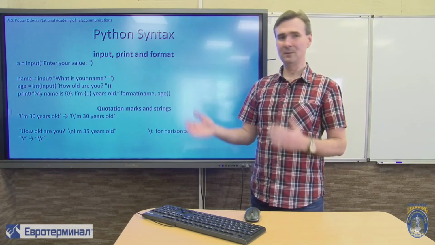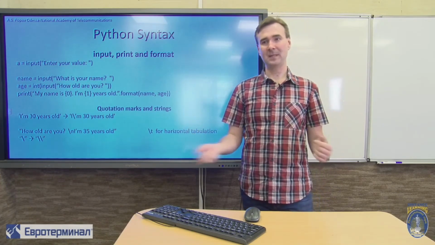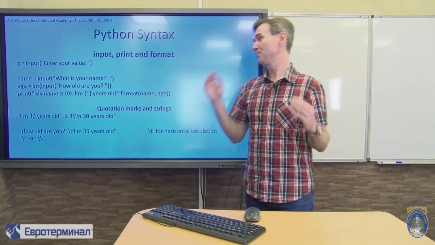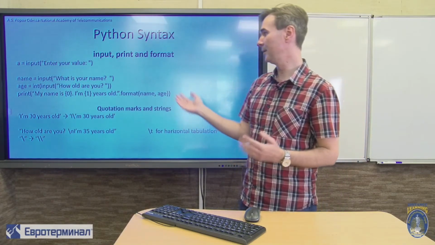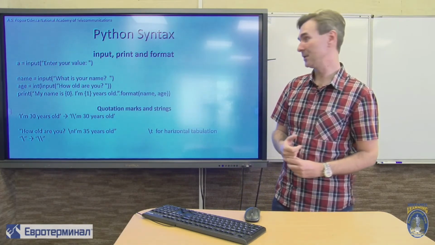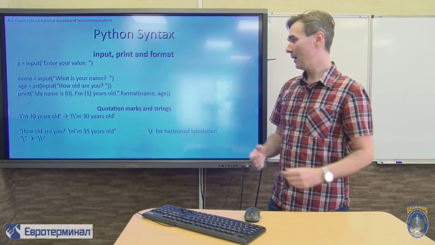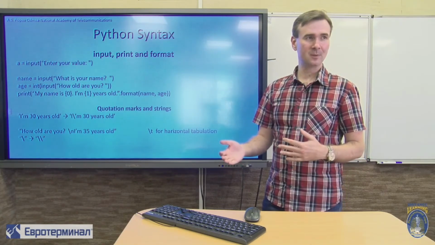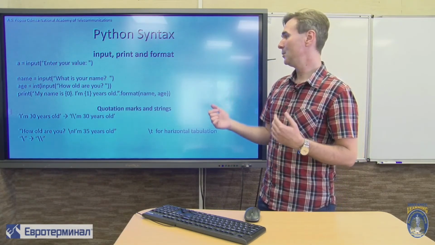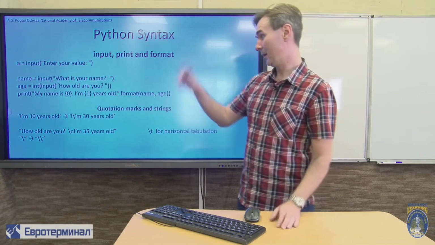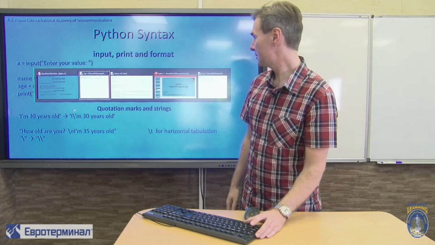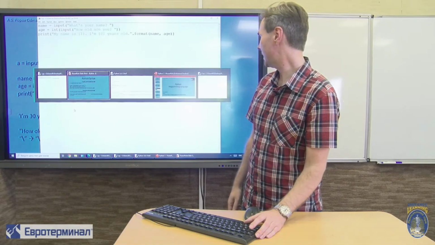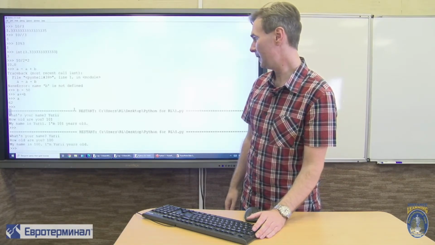If you use double quotation marks, then inside the string you can freely use single quotation marks. But if you use single quotation marks and you want to put something with an apostrophe, then you will have a problem. So let's take a look at how it looks.